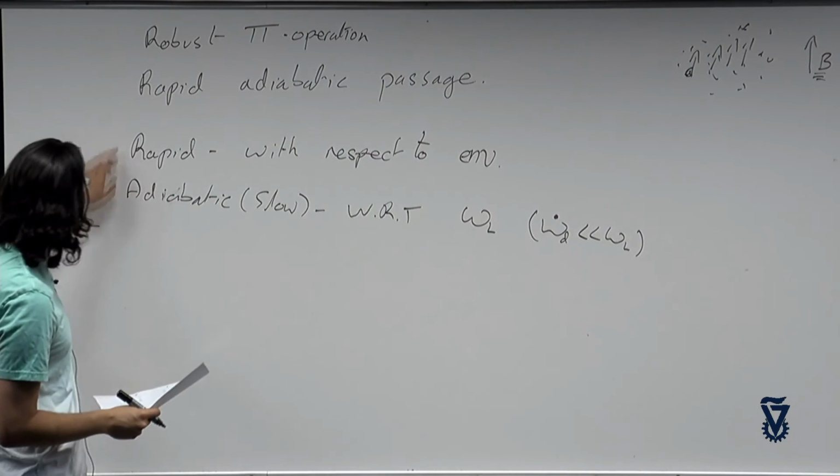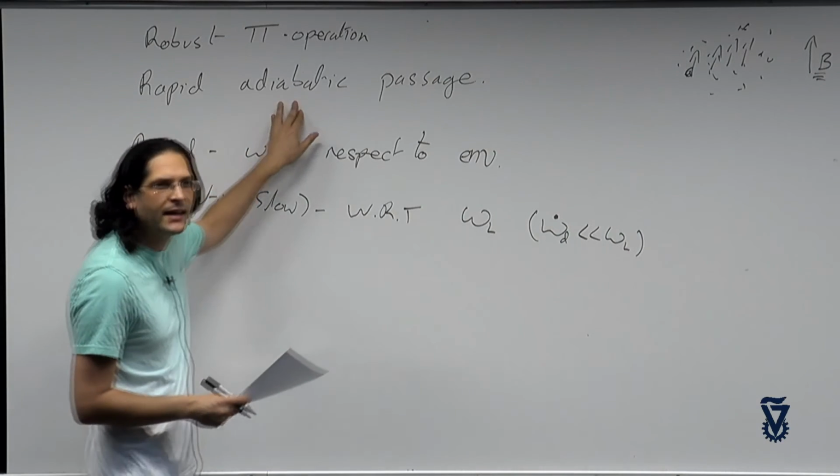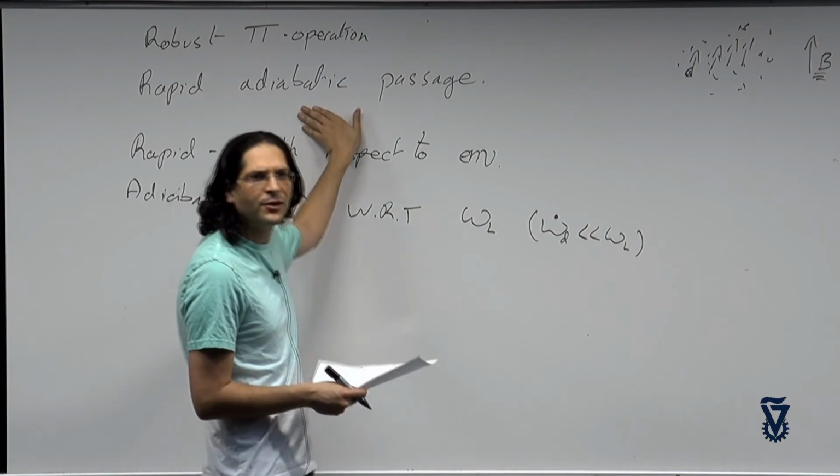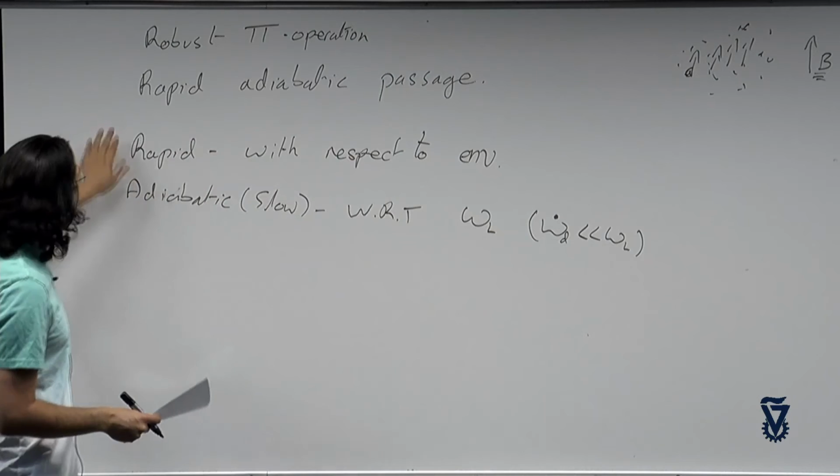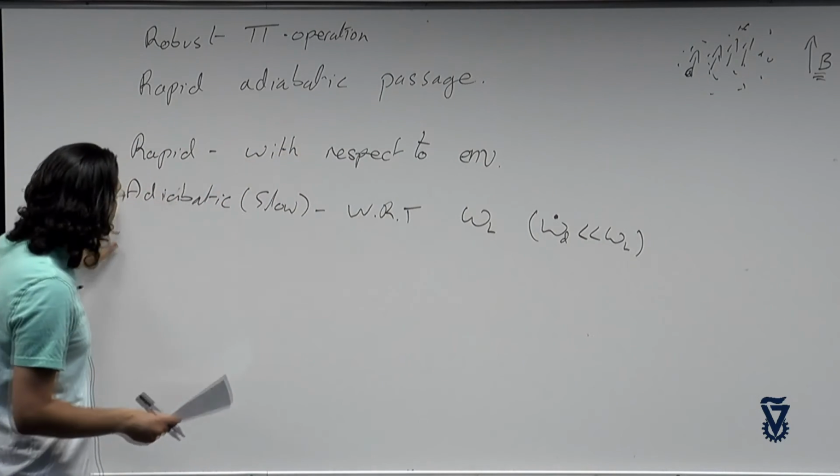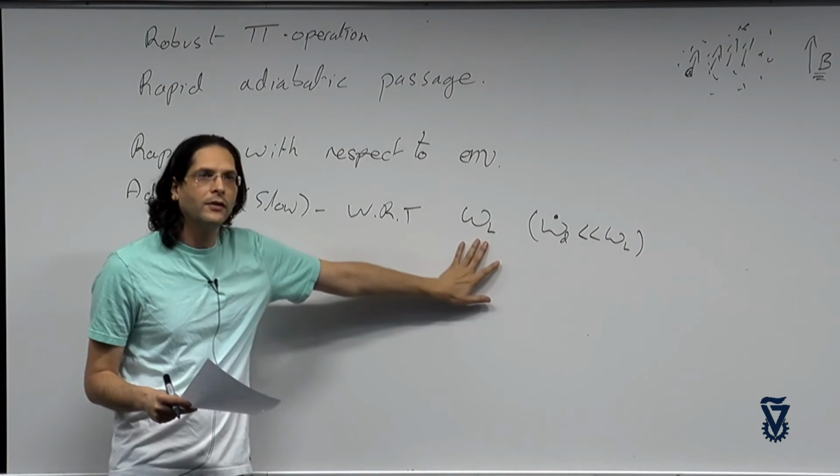Okay, so these two are kind of contradicting. So rapid adiabatic sounds a little silly. They cancel each other, in a sense. But it's rapid with respect to the environment, but slow with respect to the Larmor frequency.